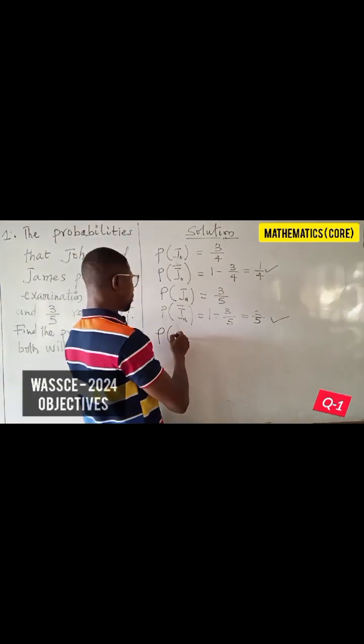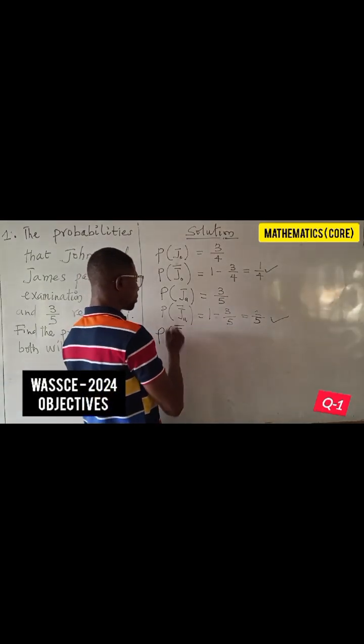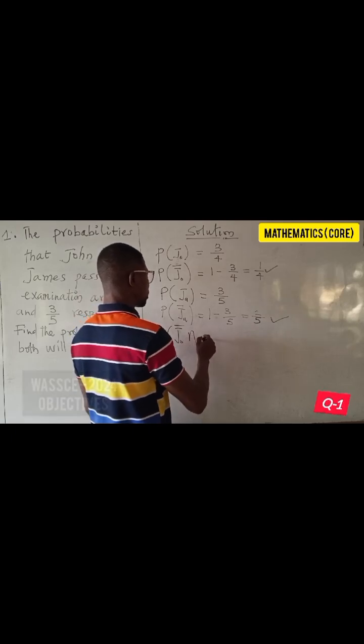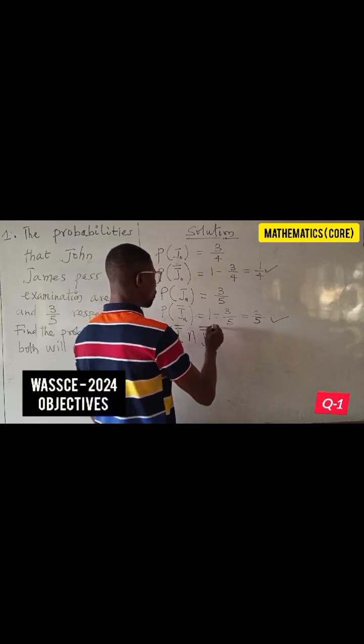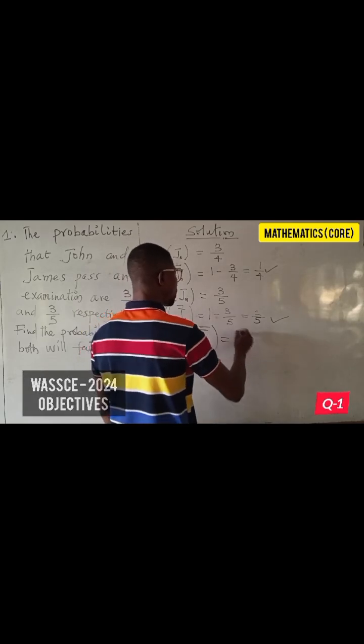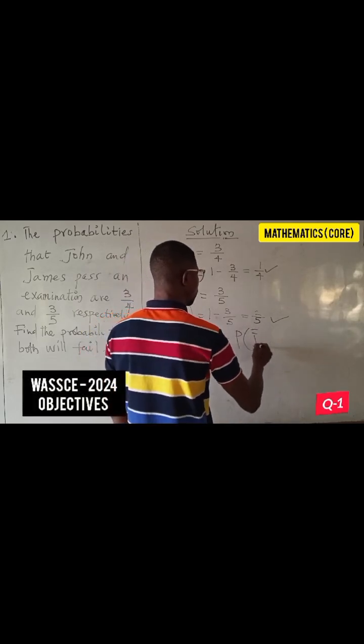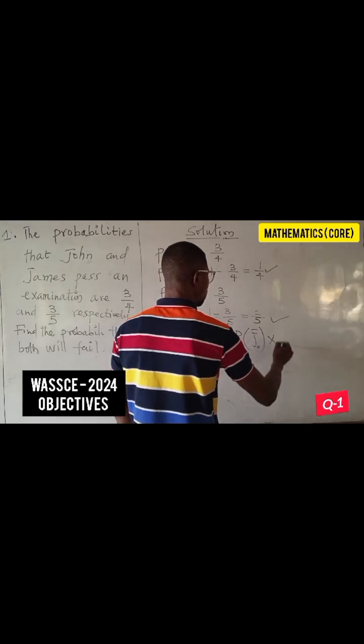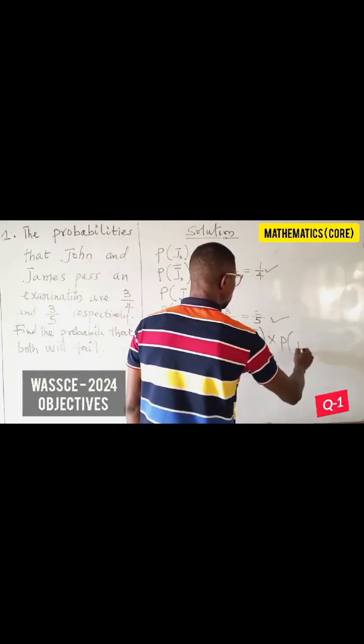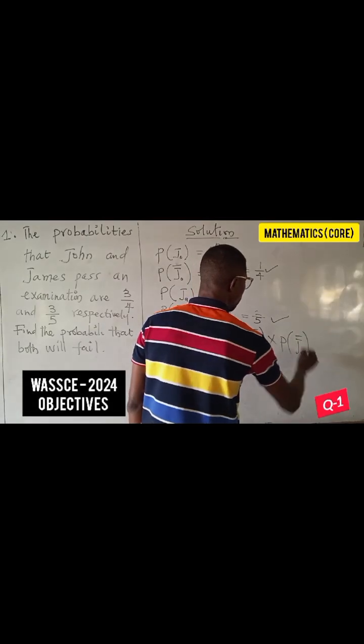So the probability that both fail the exams will be the probability that John failed intersection the probability that James also failed. So we have John failed intersection James failed, which is equal to the probability that John failed times the probability that James also failed.